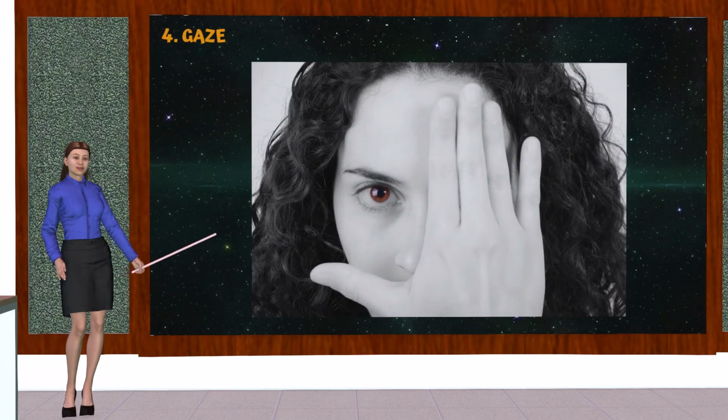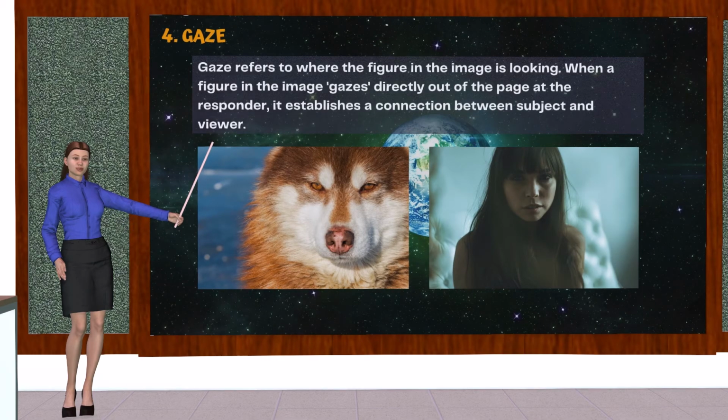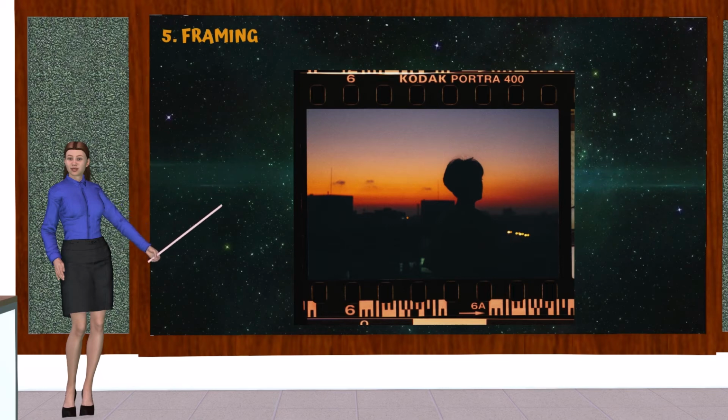Next is the gaze. Gaze refers to where the figure in the image is looking. When a figure in the image gazes directly out of the page at the responder, it establishes a connection between subject and viewer. The next one is framing.